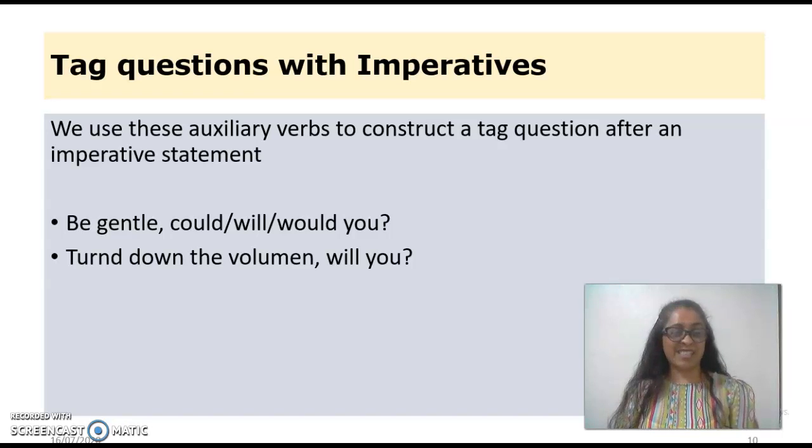Or be patient. Some people get impatient easily, and you are trying to calm down the situation. You might say, be patient, would you? Turn down the volume, will you? So you see, it depends. Remember the level of confidence or familiarity you have with these persons.